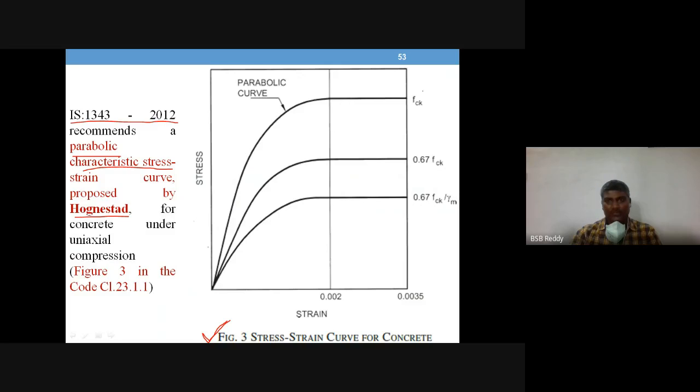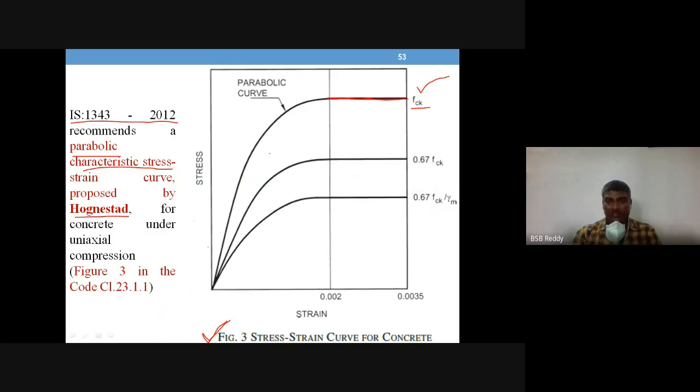So first, if you take the characteristic curve, that means this one, it is linear and then non-linear. Then this is linearized for the purpose of simplicity. Okay. Then this is the characteristic strength, what we call FCK at 28 days.